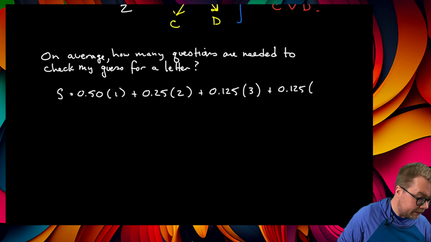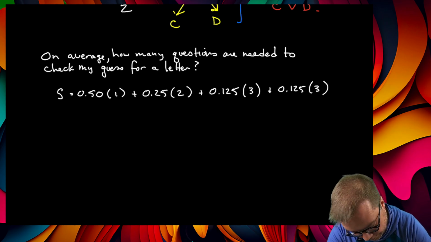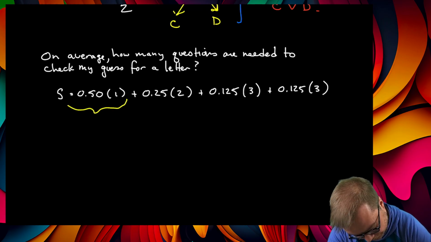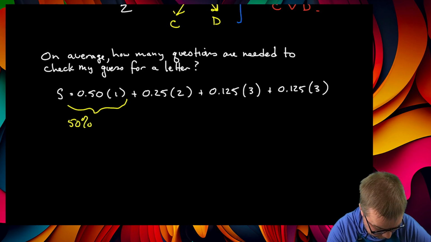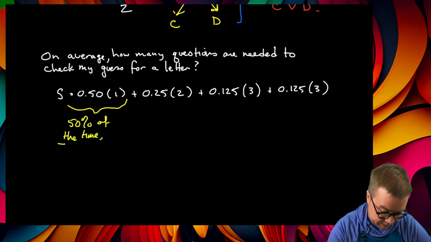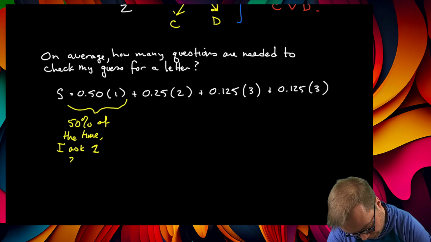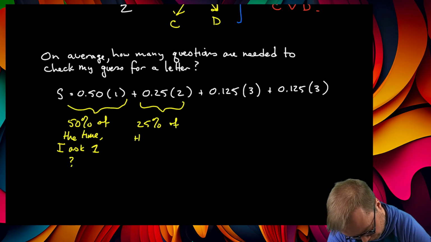Okay? So basically, let's add a little bit of color here. This is saying 50% of the time, I only need to ask one question. So I ask one question. 25% of the time, I have 2 questions.